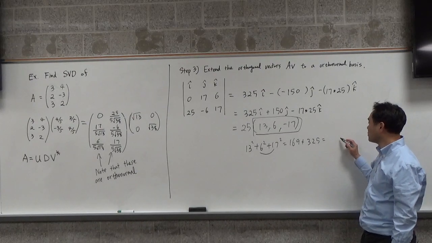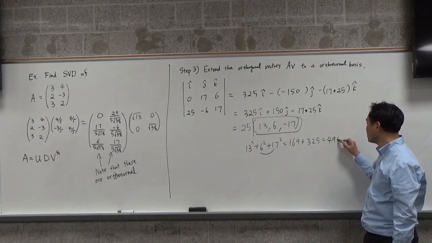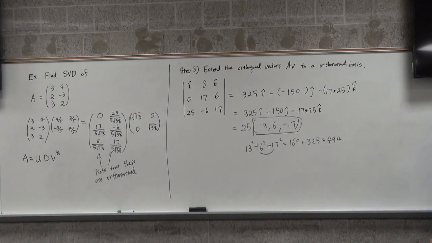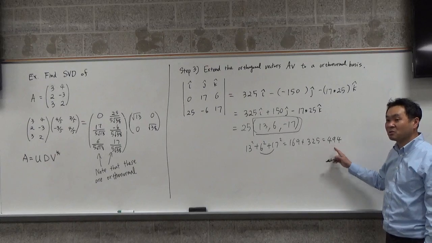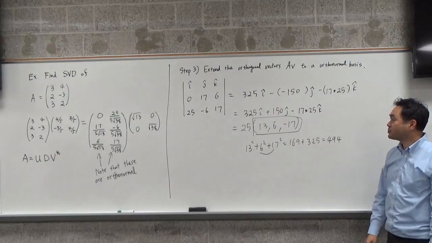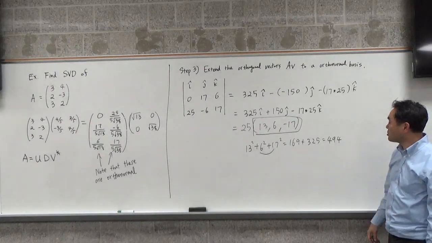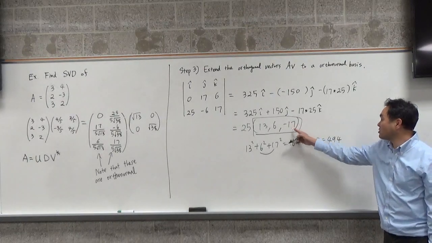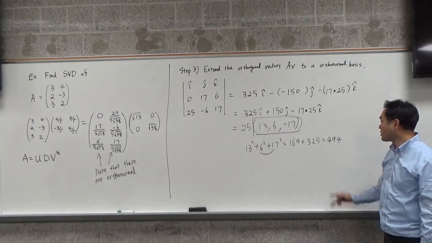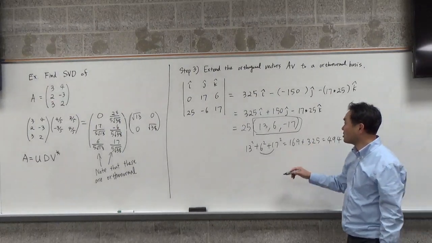So what is that? 494. This also looks familiar. It was something that we got earlier. It was 2 times 13 times 19, right? Or 38 times 13. Okay, anyways, so that's what you get. So the size of this vector is the square root of this. This unfortunately doesn't have any square factors, so that's all it is.